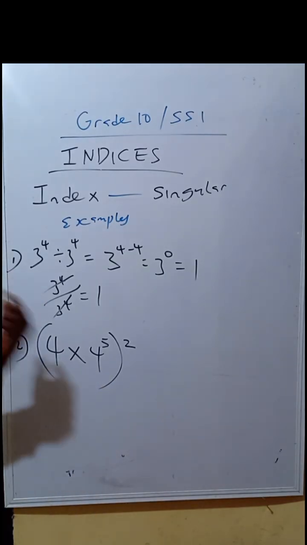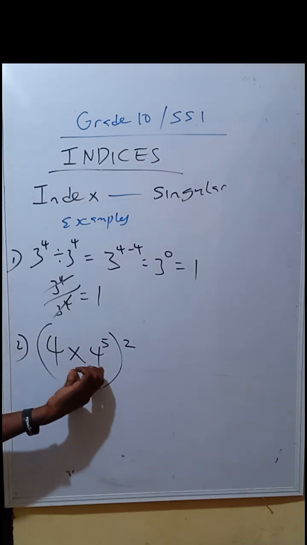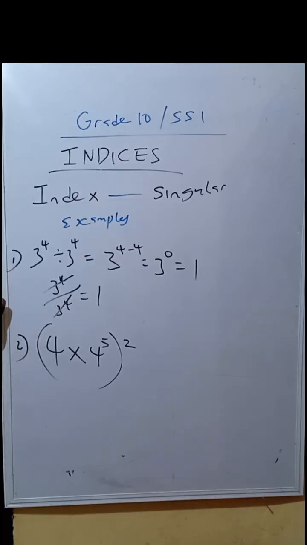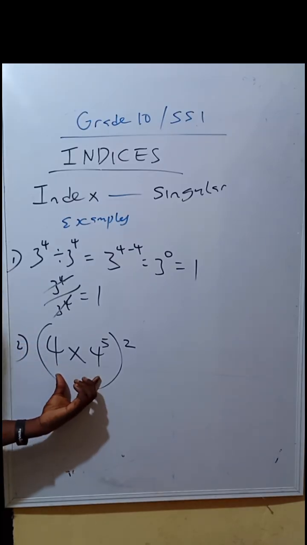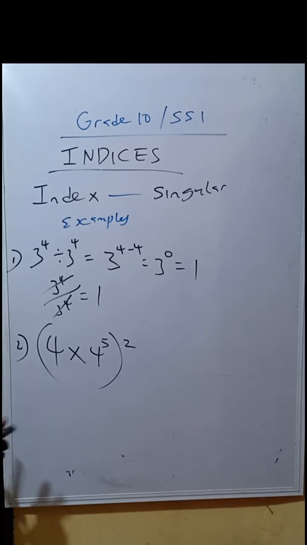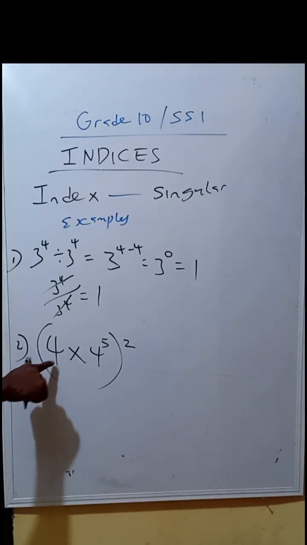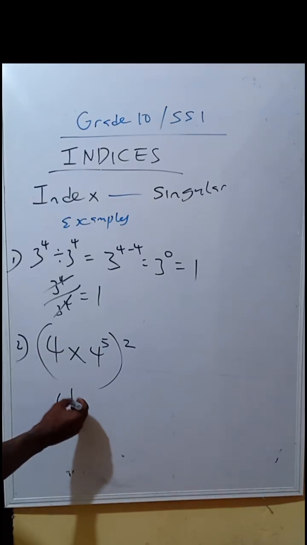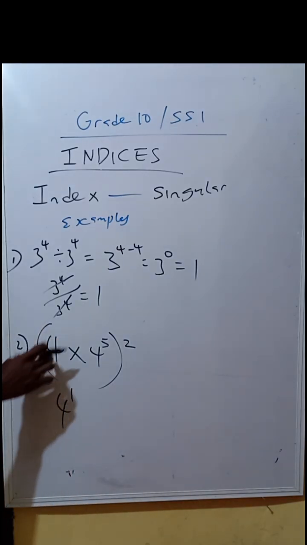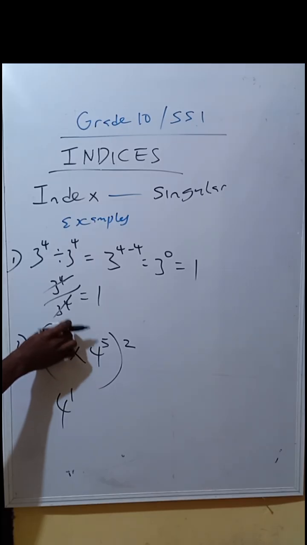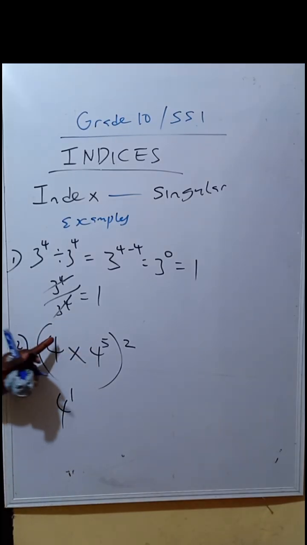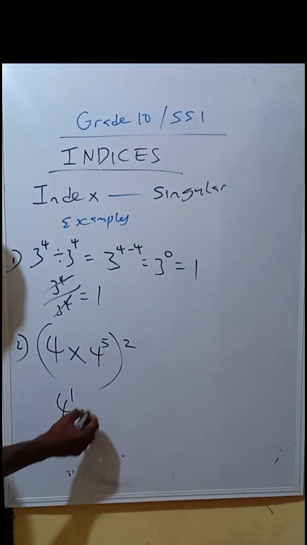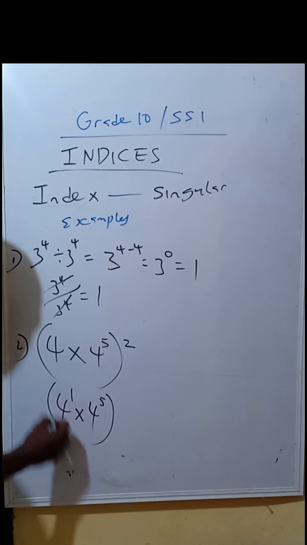Again, to solve this, we're going to first solve for what's in the bracket. We can do it 2 ways. Remember this 4 has no visible power. If a number does not have a power, it's actually raised to the power 1. So it's 4 raised to the power 1 times 4 raised to the power 5, all raised to the power 2.